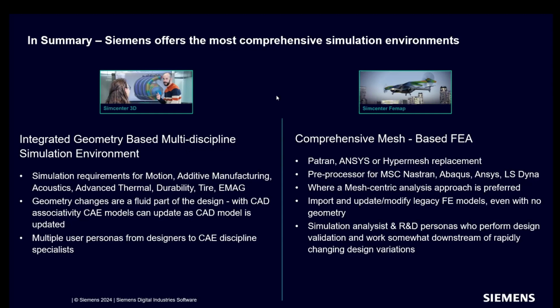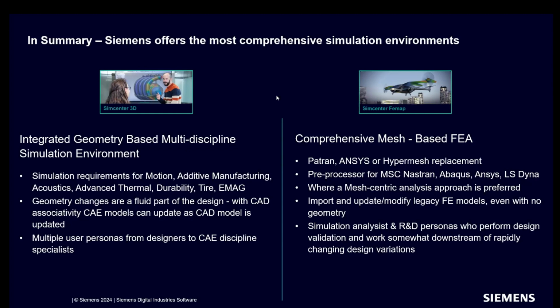If, on the other hand, you're looking for a comprehensive, mesh-based traditional FEA tool, or looking to maybe replace Patran or ANSYS or HyperMesh, or if you've been familiar with those tools in the past, then Femap is very comprehensive, and we feel like it has more capabilities than those other tools.